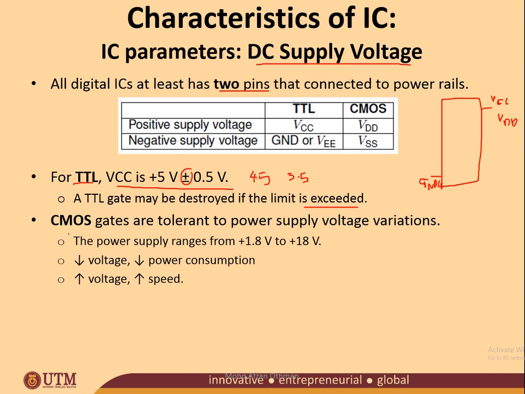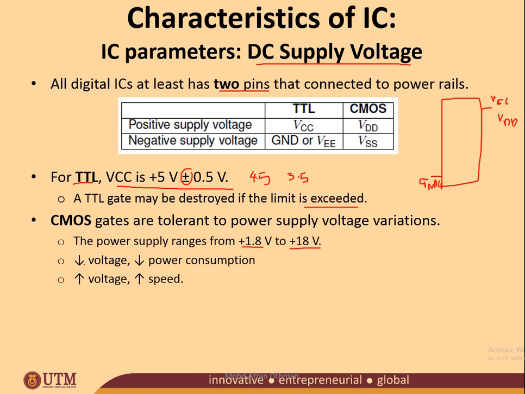For the CMOS case, in contrary, it is tolerant to power supply voltage variation. The power supply ranges from 1.8 volt to 18 volt. You can see it can withstand up to 10 times, because 18 divided by 1.8 you will obtain 10. So from minimum 1.8 volt to positive 18 volt, okay.